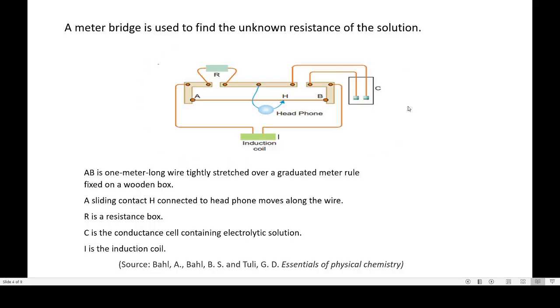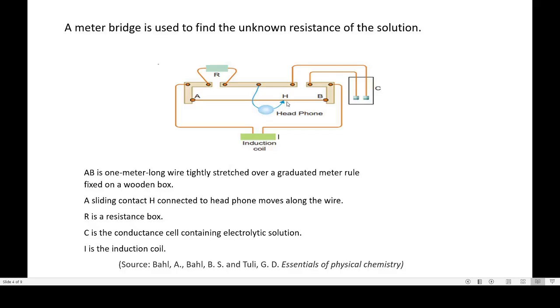So this is the circuit diagram of the meter bridge, in which AB is a 1 meter long wire tightly stretched over a graduated scale of 1 meter fixed on a wooden box, and a sliding contact H is connected to a headphone.